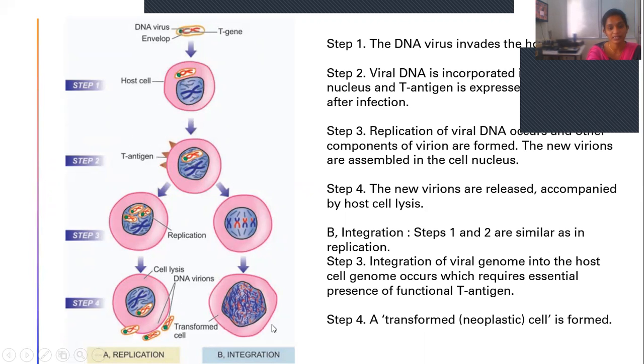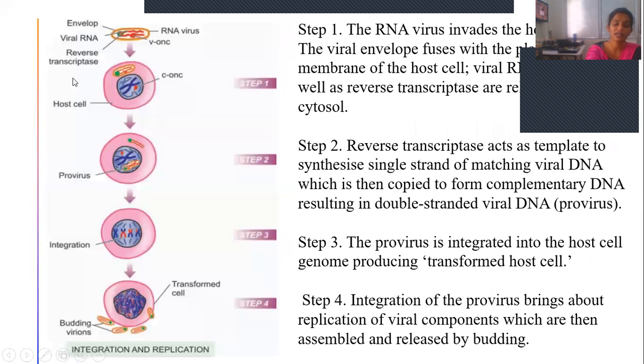Whatever new cells are formed are the neoplastic cells. When coming to RNA, with the help of reverse transcriptase, the RNA acts as a template, so a new strand will be produced, and this forms the double-stranded DNA that we call the provirus. This provirus enters the host cell DNA and undergoes integration.